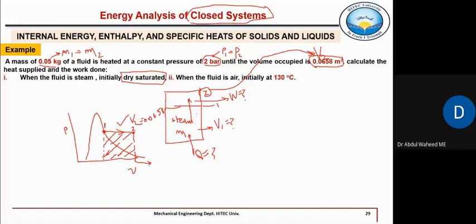This one is a process diagram, and this one is a property diagram. Now we need to find out heat transfer and work transfer. If it is clear, show the solution now.